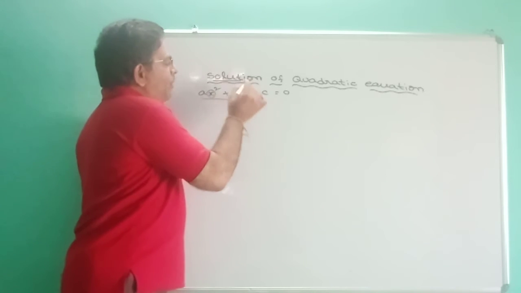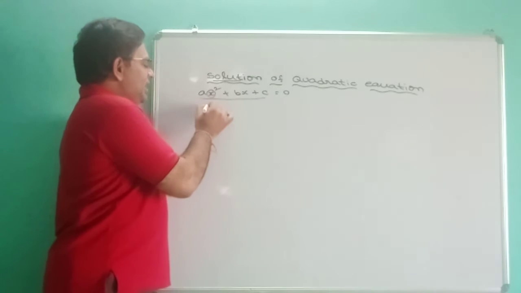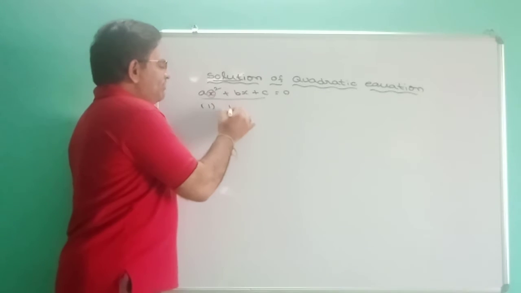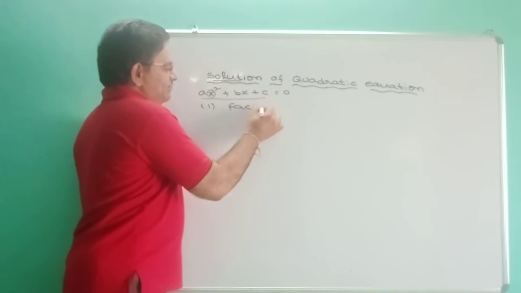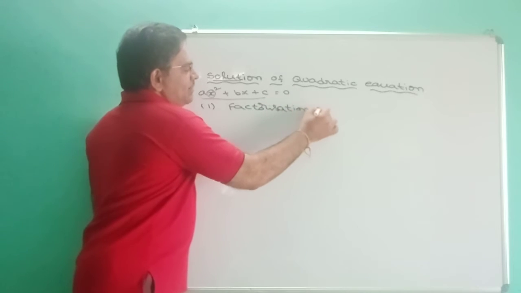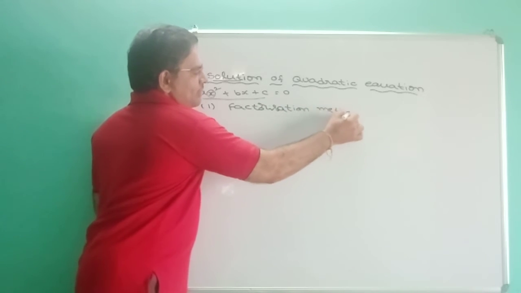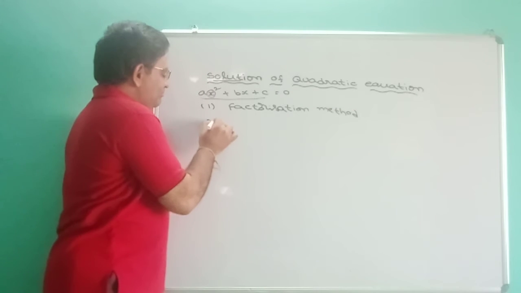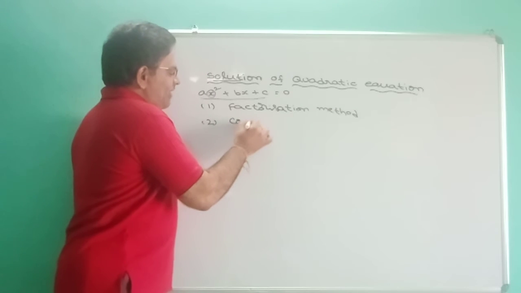Here, how many methods will be there? 3 methods. The first one is the factorization method. The second one is the completing square method.